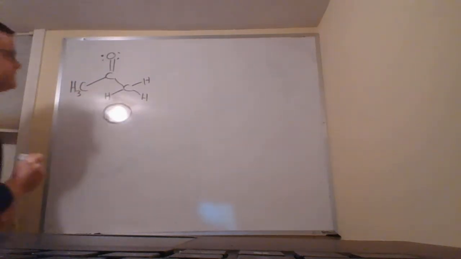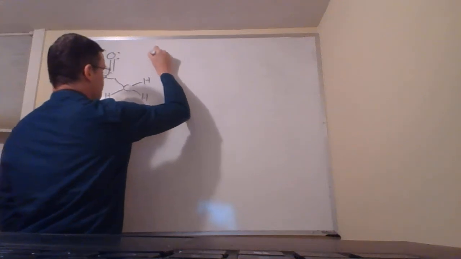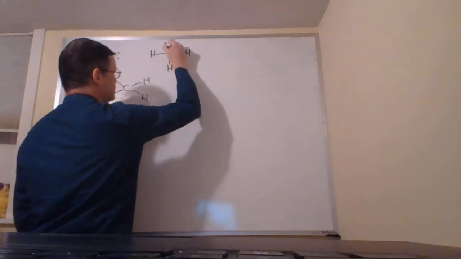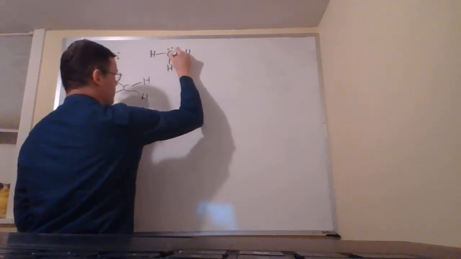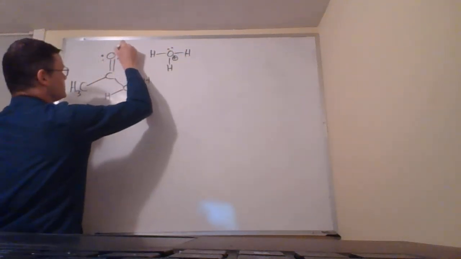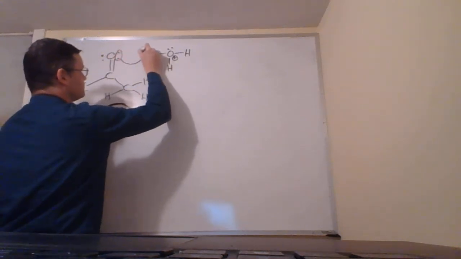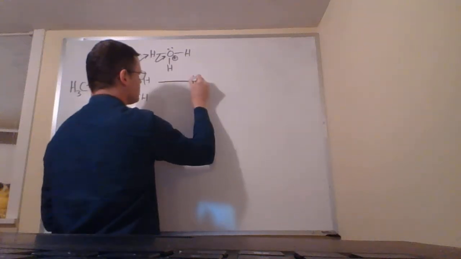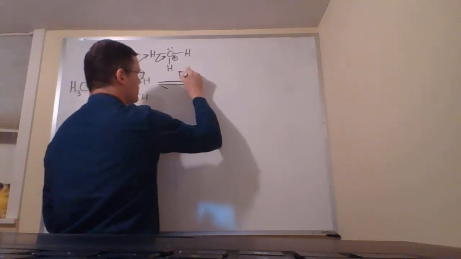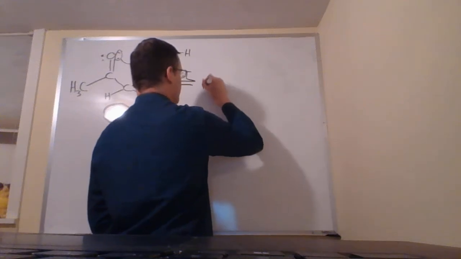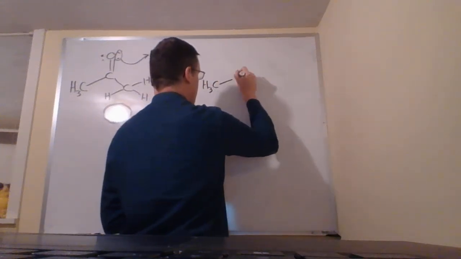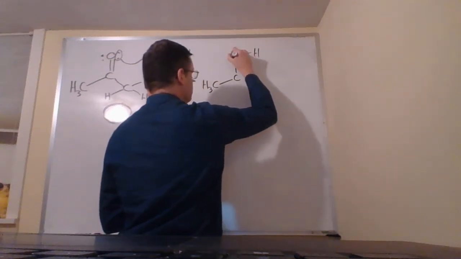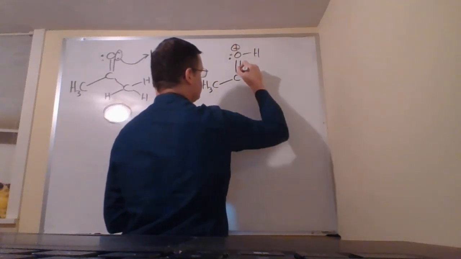In the acid-catalyzed mechanism, the first thing that's going to happen, and this is typical of many acid-catalyzed mechanisms involving carbonyl compounds, we're going to start with a proton transfer. And that gets us a protonated oxygen. We can call this an oxonium ion.